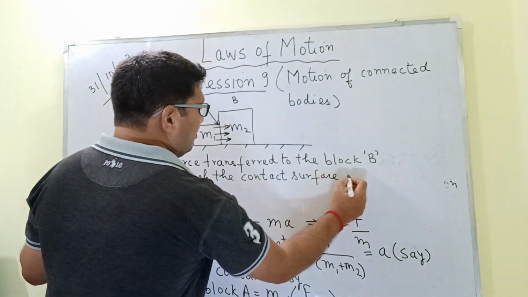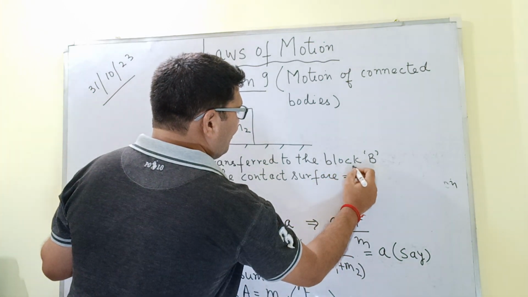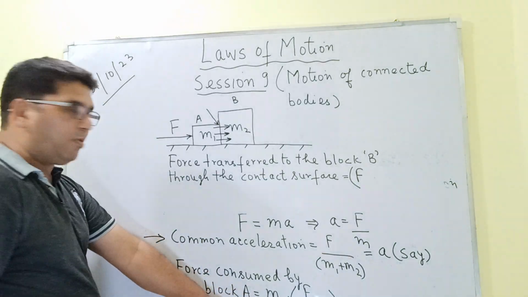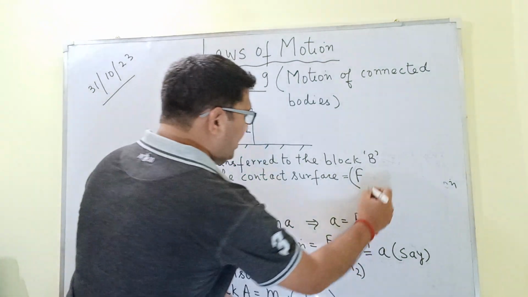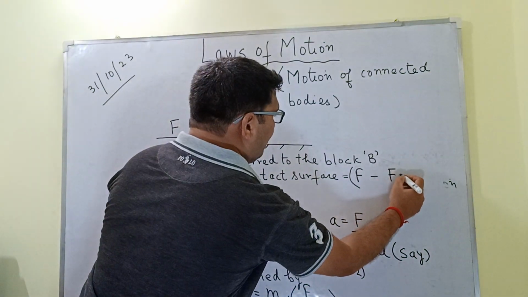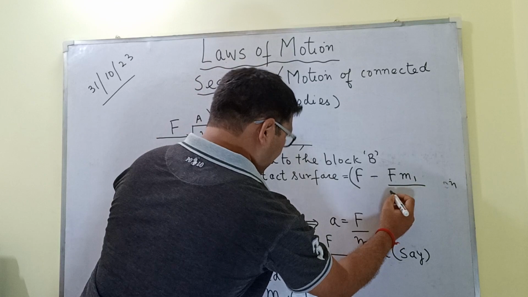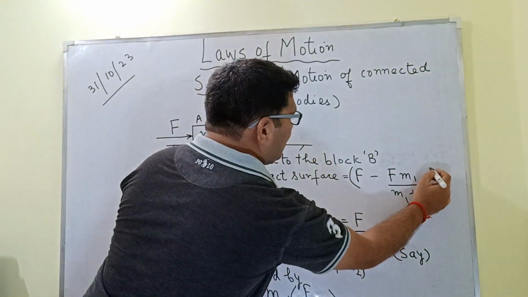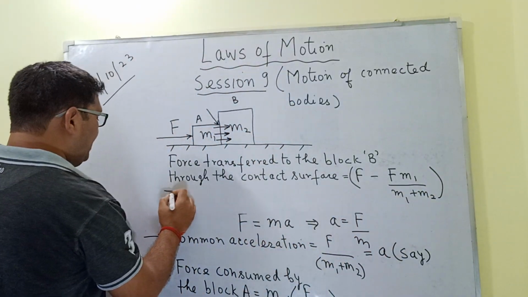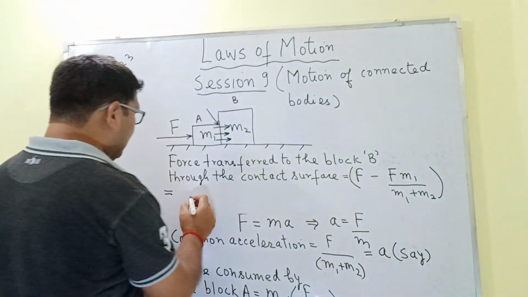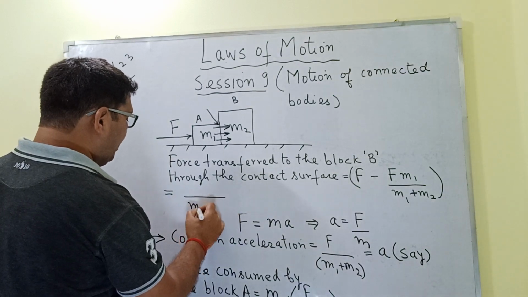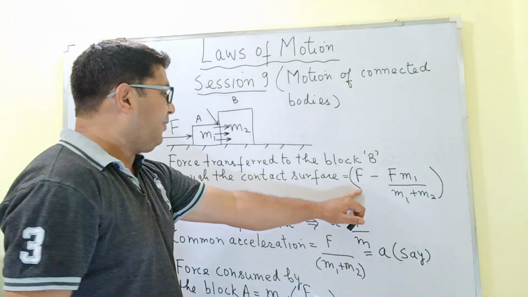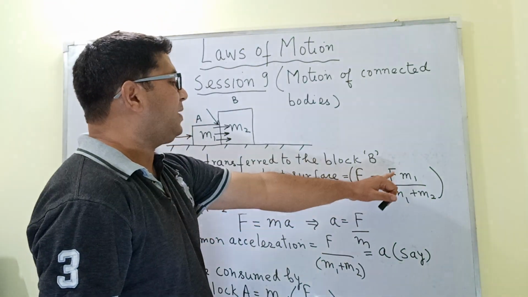will be equal to F, that is the force applied, minus the force which is consumed by this block A, which is equal to F minus F m1 divided by m1 plus m2. Or, if I take the LCM, I will get m1 plus m2 in the denominator, and the numerator will be F m1 plus F m2 minus F m1.